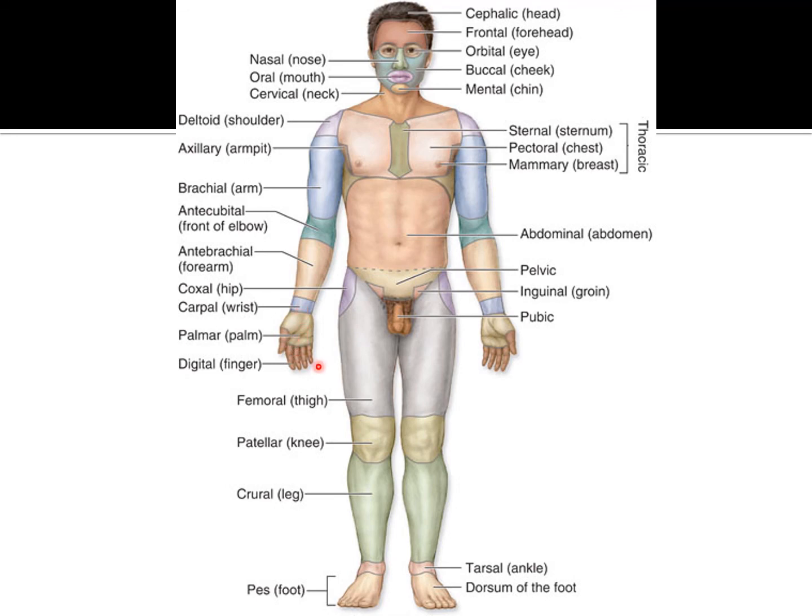And these are the fingers. This is the thigh, the knee, and the leg. Here you can see the leg is only below the knee until the ankle. So this part is referred to as the thigh. This part is referred to as the leg. This is the foot, and this part of the foot is called the dorsum.